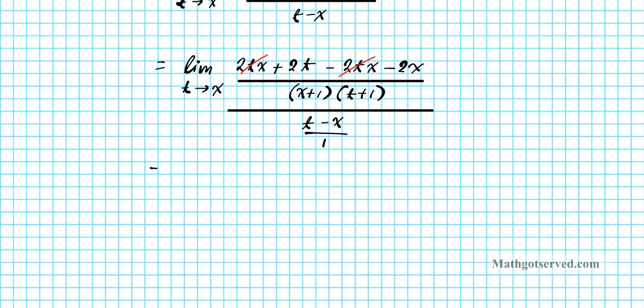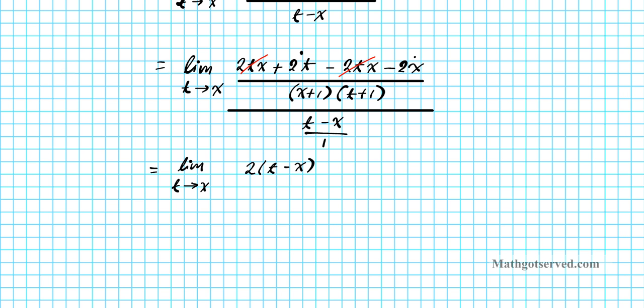this now becomes the limit as t approaches x of, this we have cancelled out, so we have 2t minus 2x. I can factor out, why don't we just factor out a 2 from both terms so we don't keep writing the same thing over and over again. So I factor out a 2 out of these two terms that are left here. If I factor out a 2, I'll be left with t minus x, alright?